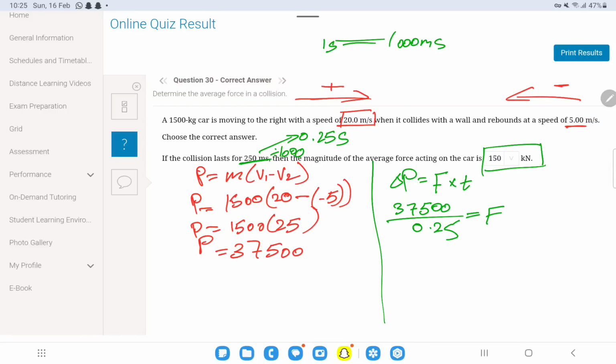You put it in your calculator, you get 150,000 newtons. And since they want the answers in kilonewtons, you divide by 1000, so it's 150 kilonewtons.